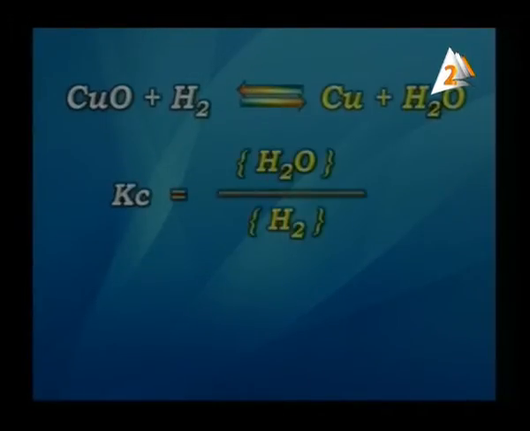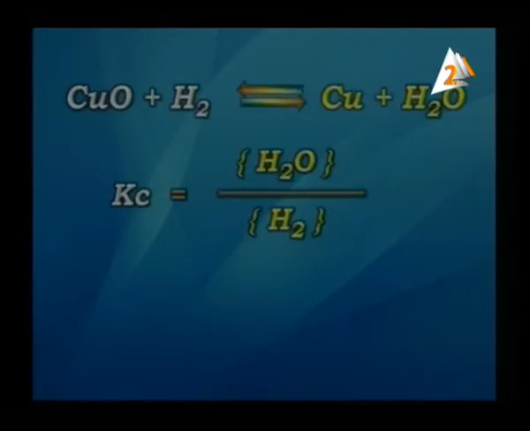So the Kc here will be H2O concentration divided by H2 concentration. Why do we say that? Because this concentration depends on the gaseous state, so we say water vapor. This means gas: the product divided by the reactant hydrogen, also a gas.